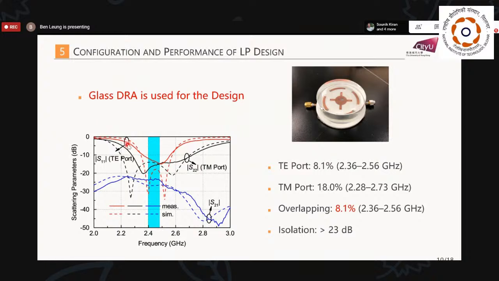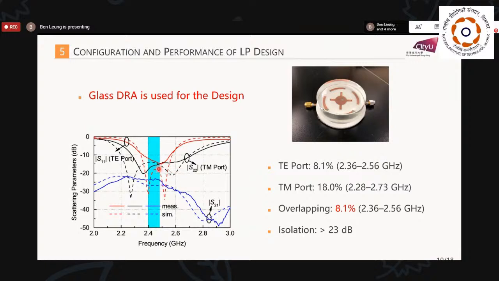Now this is the S parameters, a TM port and TE port. Okay, here I should mention that for the pattern diversity design, I also use TM and TE modes. But in that case, the TE mode is for the broadside mode. But here, the TE mode is also omnidirectional.